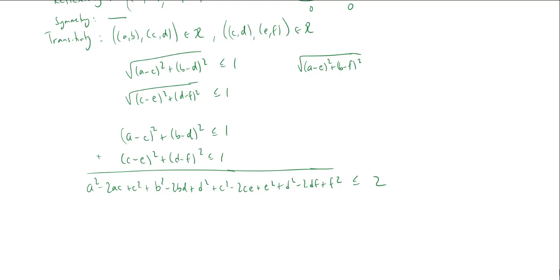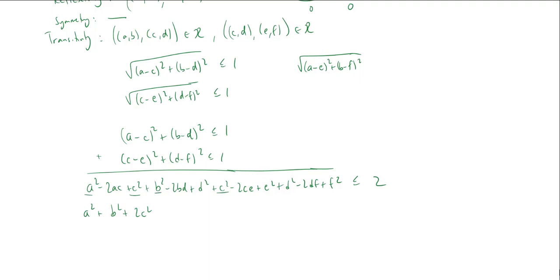And you could see where we're going to run into a little bit of a problem, because there's not really a whole lot of cancellation or simplification that we can do here. We have a little bit. Let's see, I have an a squared, I have 2 copies of c squared, so plus 2c². Maybe we'll write this in alphabetical order.